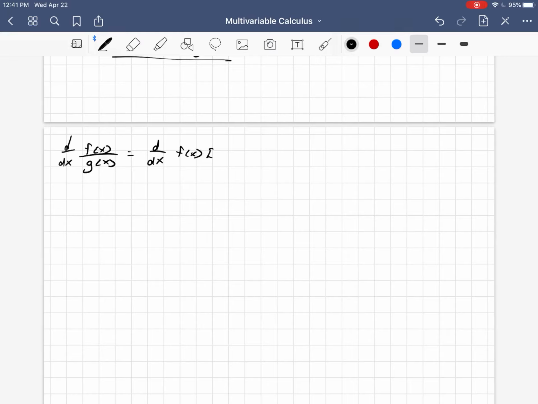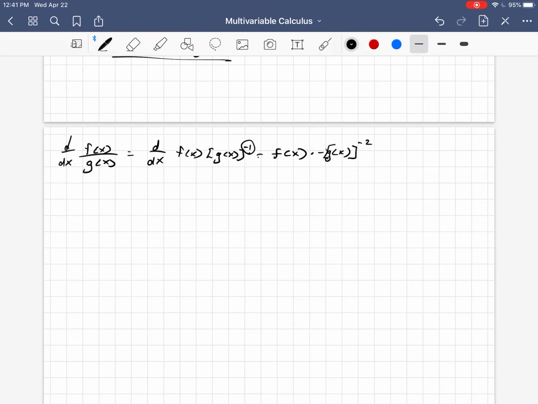So let's say I'm taking the derivative with respect to x of f of x over g of x, in other words, the quotient of two functions. Then I can make this the derivative with respect to x of f of x times g of x to the negative 1, which is using the product rule. We keep f and we then differentiate g of x.